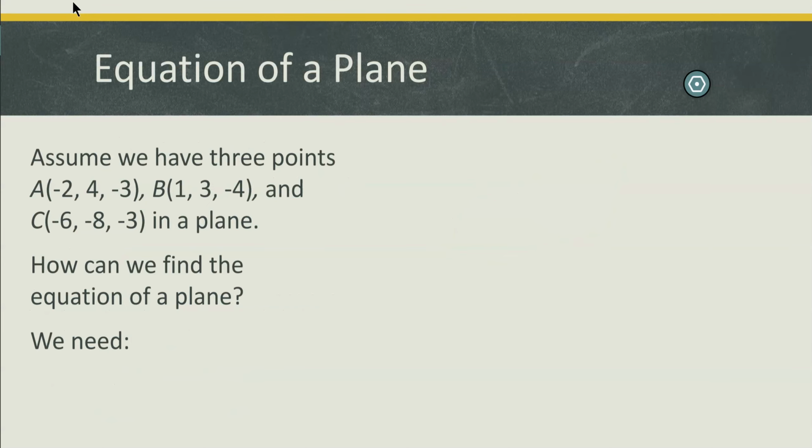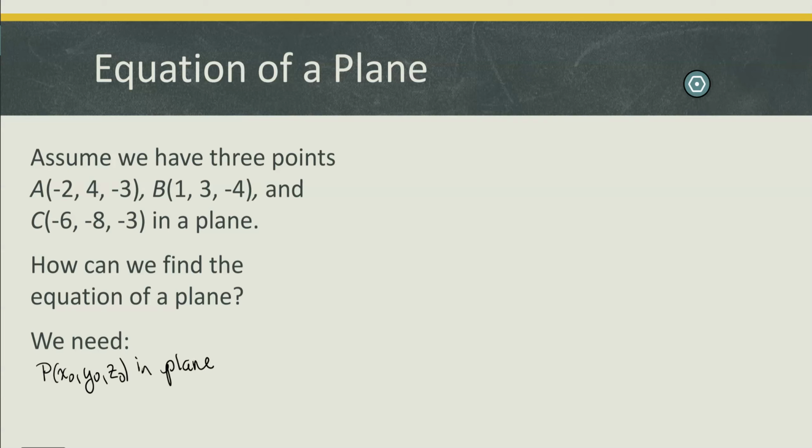So let's take a look at how we could use information about 3 points in a plane to write the equation of that plane. For the time being, let's first think about what we need to find the equation of a plane. Well, we need a point, so we need an x naught, y naught, z naught that lies in the plane.